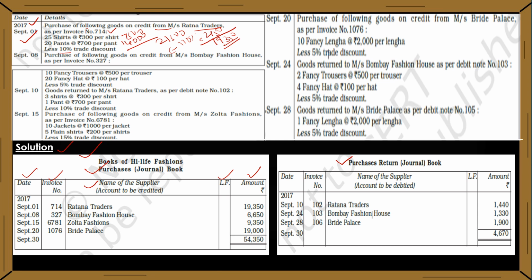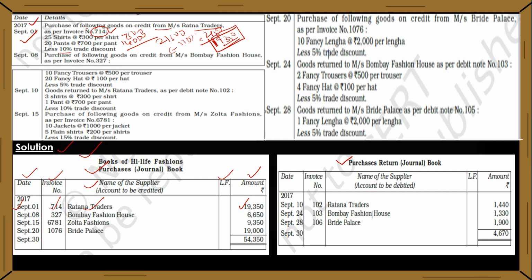So date is September 1, 2017 we are writing here. And what is the invoice number? 714. Ratna Traders, amount to be taken is 19,350. The net amount to be paid to Ratna Traders is 19,350.